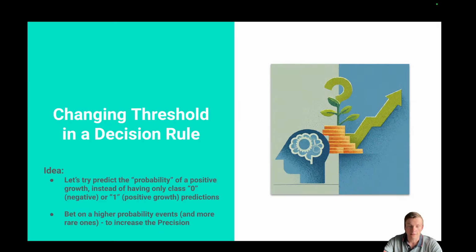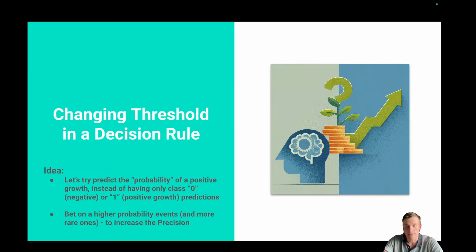So finally, we are moving to changing thresholds in a decision rule. It's not a simulation yet, and the simulation will be simpler than all of this complicated data science ML stuff. But this piece is equally important as training classic statistical models.